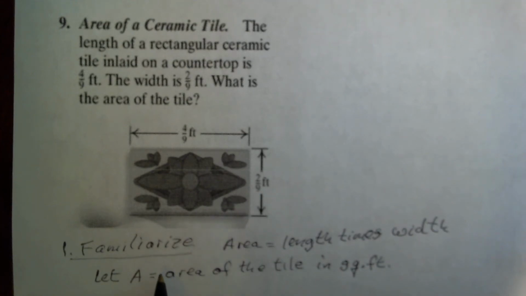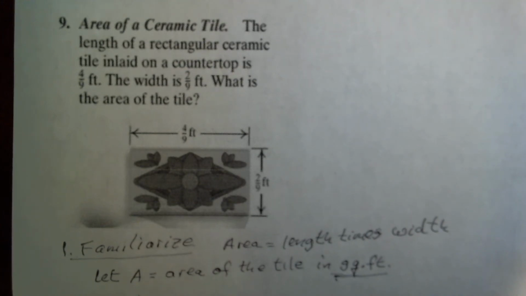So to familiarize ourselves with this problem, we remember that area equals length times width. So we let A equal the area of the tile in square feet. The unit of measure, we want to make sure we get that right. And then number 2, we translate this into a mathematical statement.